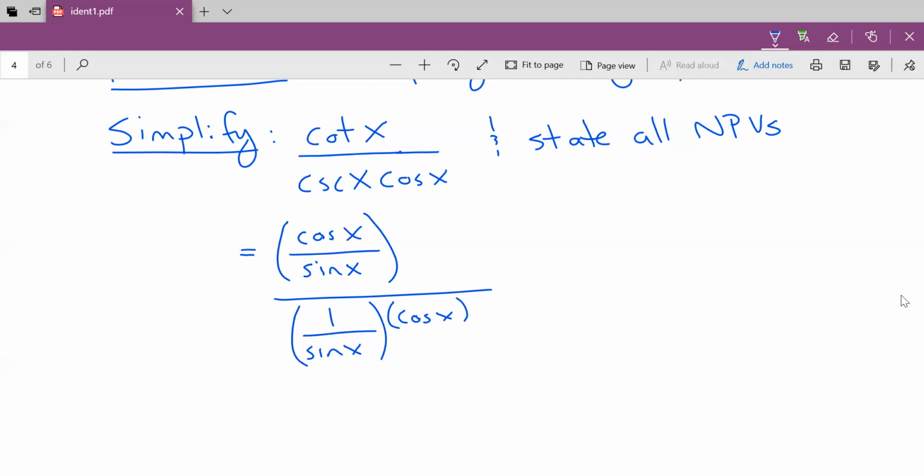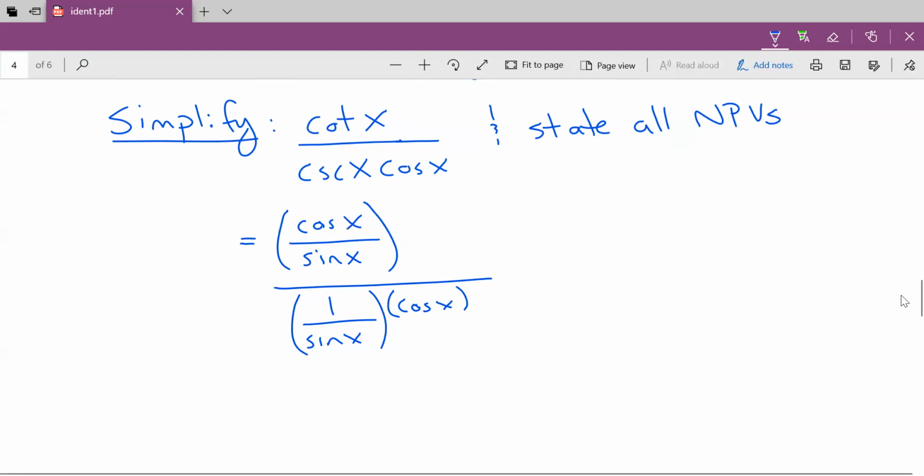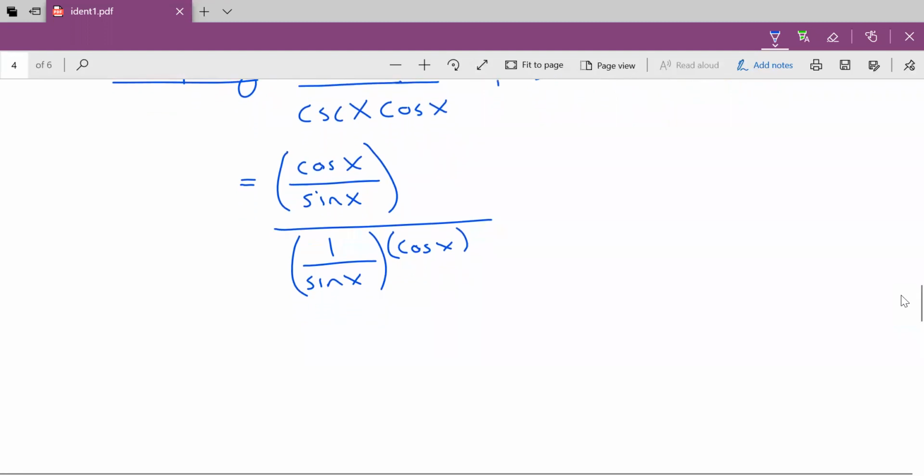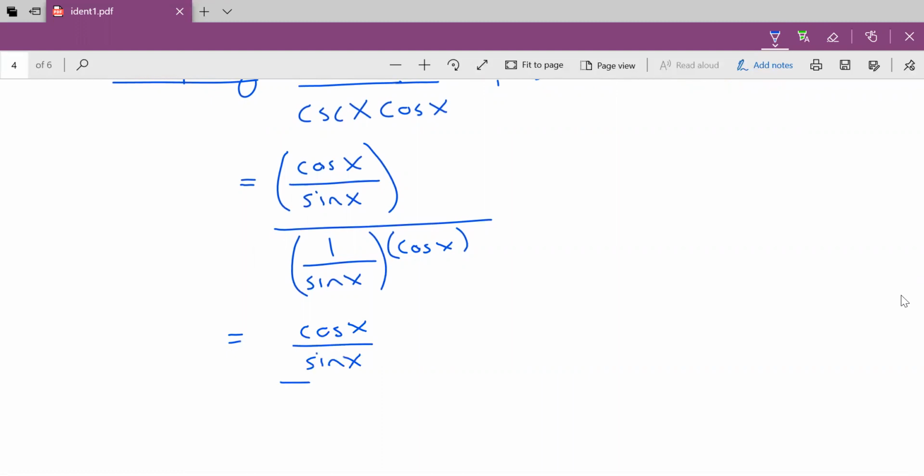So I turned everything into cosines and sines, and I'm going to start doing a little bit more simplification. Well, down in my denominator, I see that I can simplify this. Remember, when we're multiplying fractions, numerator with numerator, denominator with denominator.